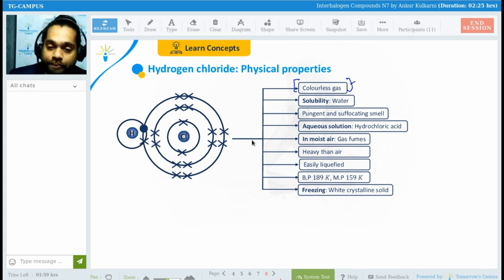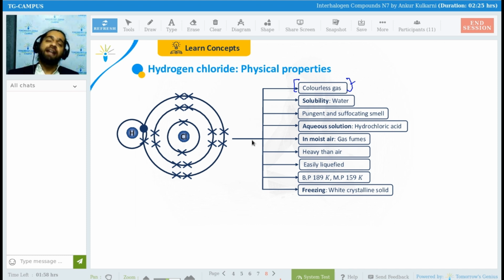What do you think? Will it be a good soluble? Will the solubility be high, medium or low? In the water, the solubility of HCl will be high, medium or low?